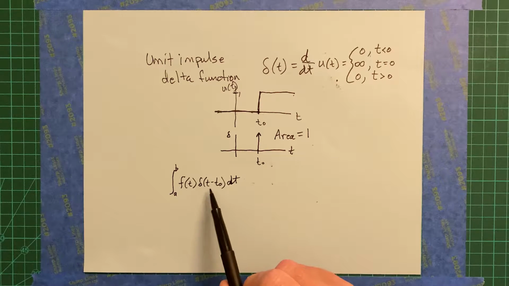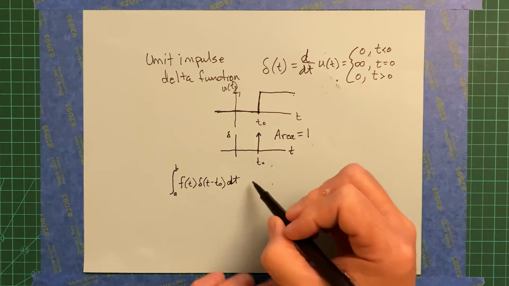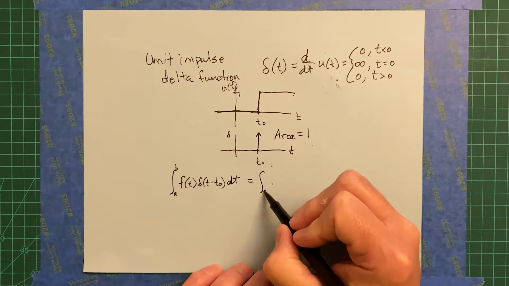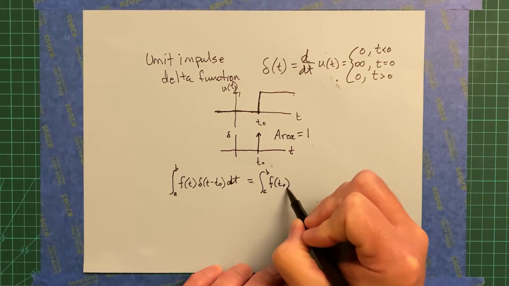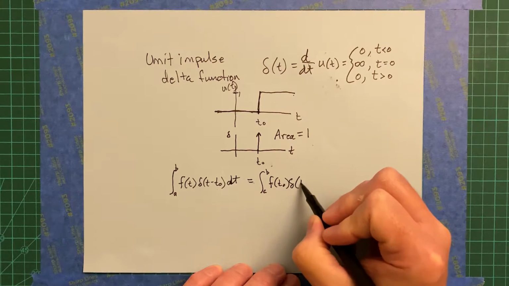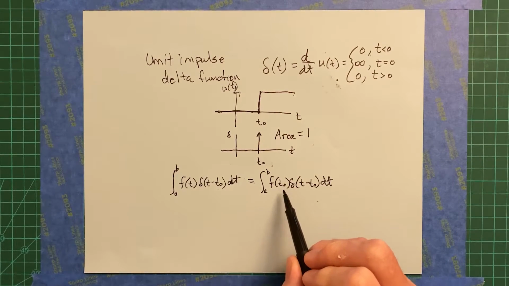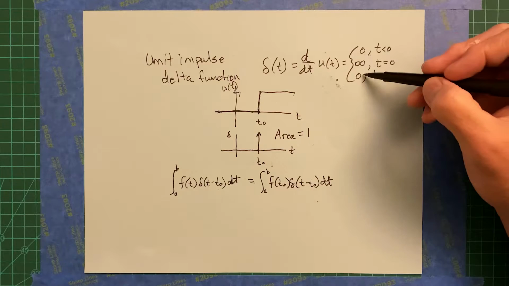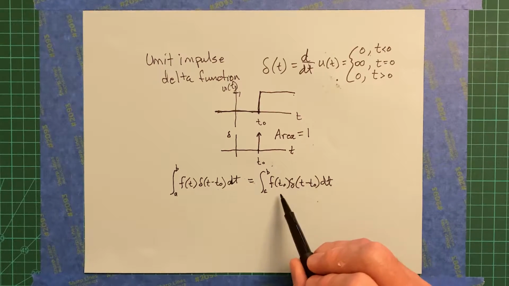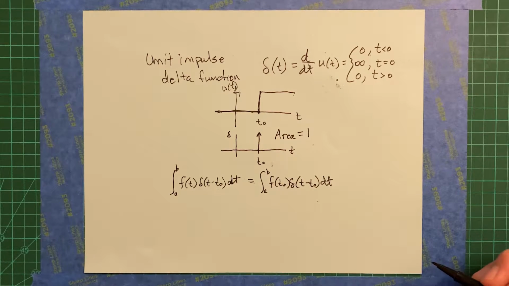Well, since the delta is 0 everywhere except at t naught, then this is really the same thing as the integral from a to b of this function only at t naught times delta t minus t naught dt. And we'll just plug in t naught there because the delta is 0 everywhere except right at t naught. Okay? So that's why we're able to plug in t naught there for the function.